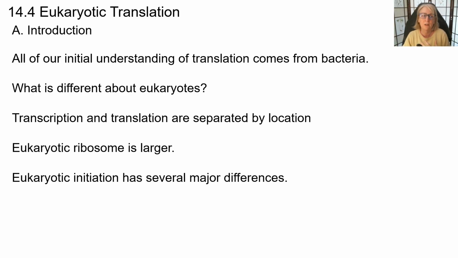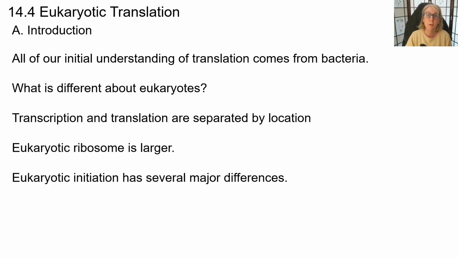We do know that transcription and translation in eukaryotes are separated by location and by time. In a bacteria, there can be simultaneous transcription and translation because there is no nuclear envelope. In eukaryotes, the nuclear envelope separates those two processes literally by a barrier.